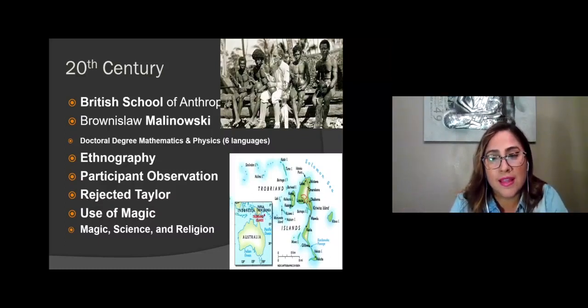One of the things that he's recognized for is creating this methodology that we call fieldwork. While he intended to be there for a period of time, it was not his intention to be there for so long. Nonetheless, this gave him the opportunity, and really no other choice, but to immerse himself and become part of the everyday practices in these islands.